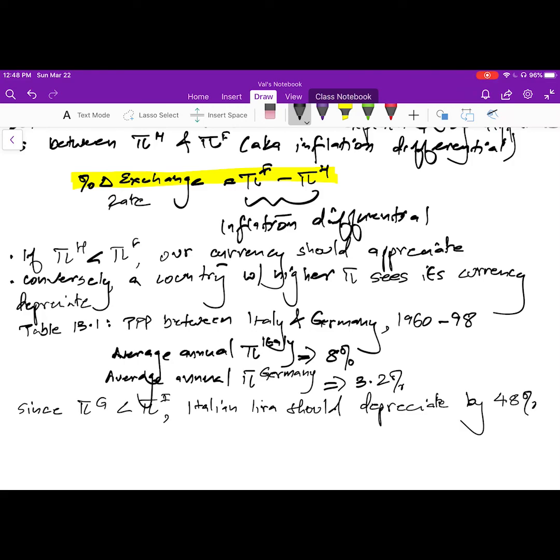The Italian lira should depreciate by 4.8% each year because this is the average annual inflation difference between Italy and Germany.